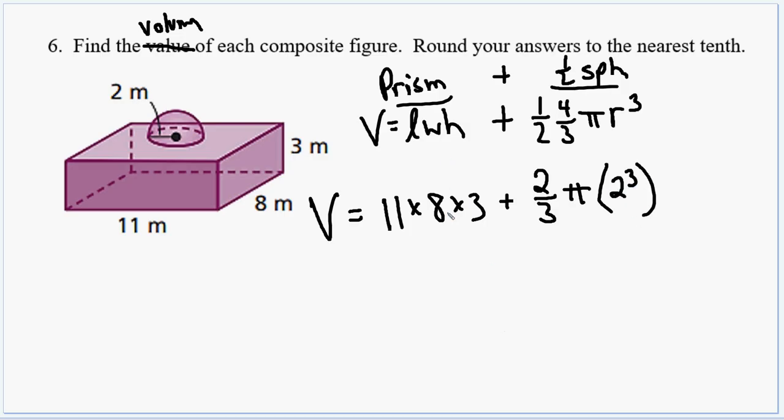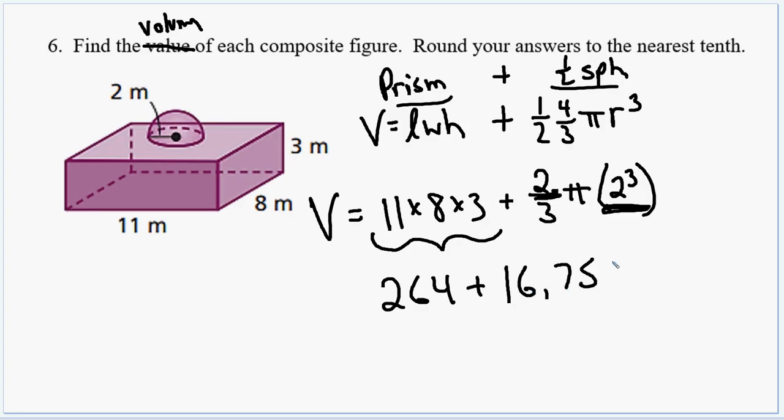So if we multiply all of our length and width and height here in the prism, that turns into 264. And then 2 cubed is 8. 8 times 2 is 16. So that'll be 16/3 times pi. And my calculator said 16.755. If I add those together, I should get 280.8. Our units are meters, and they would be cubic meters because it's volume.